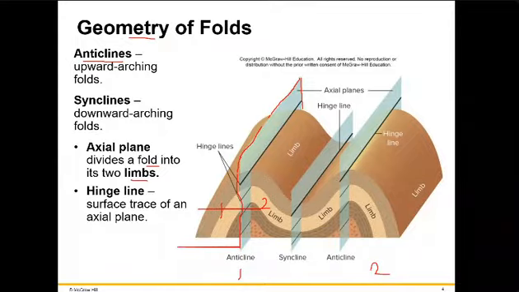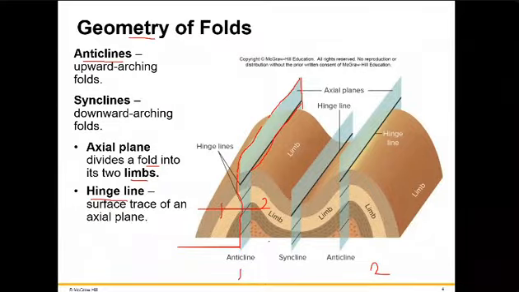The other thing you need to know here is that on top of the fold, the trace of this axial plane is called the hinge plane, or the hinge line, I should say. All right, that's directly on top of the fold. When you trace that axial plane, it is called the hinge line. Hinge line. Are we still together? So this is for anticline.